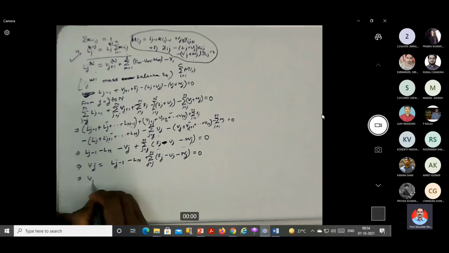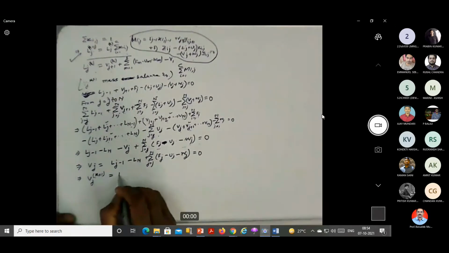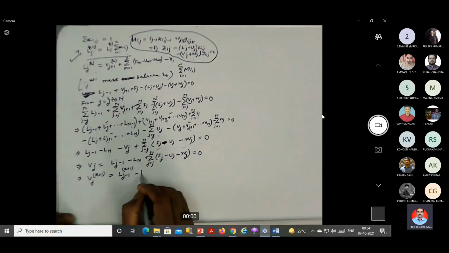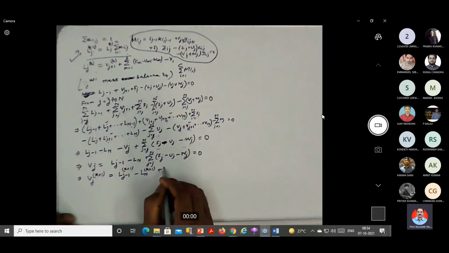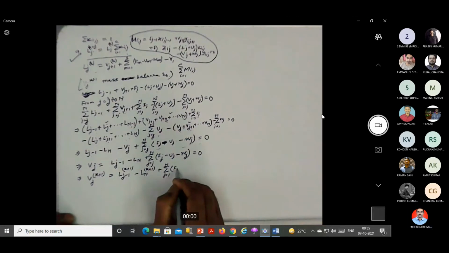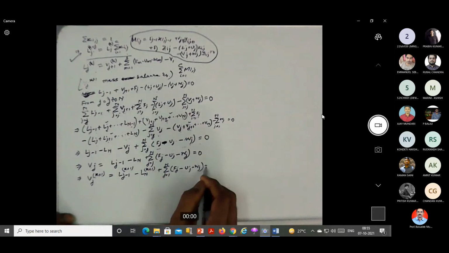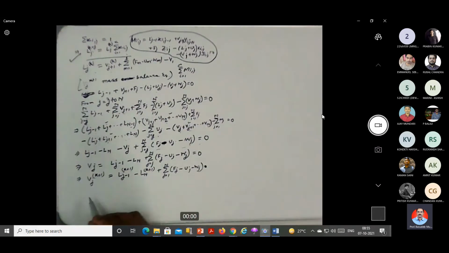So Vj at k plus 1 equal to Lj minus 1 at k plus 1, which is available from this equation, minus Ln, that is also available from the above equation, plus this input term, which is independent of the number of iterations, so we will keep it as it is. Clear?